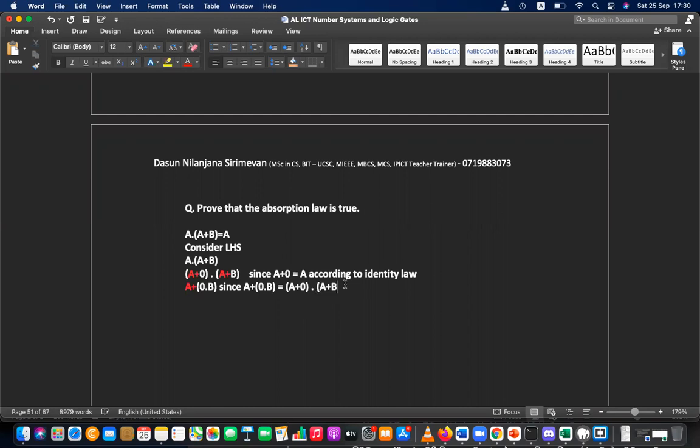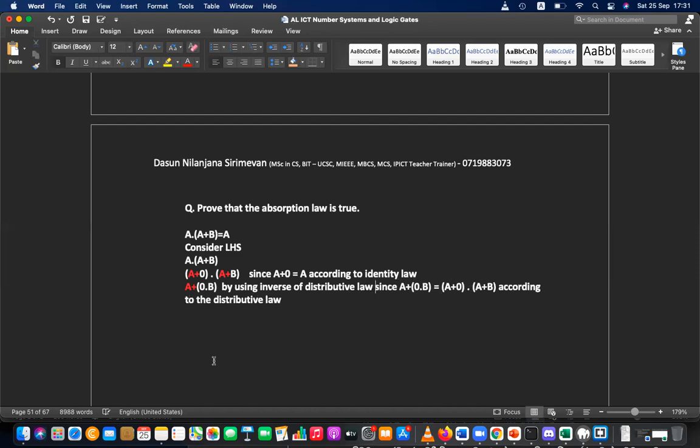So actually we have applied the reverse of the distributive law, right? By using the inverse of the distributive law.